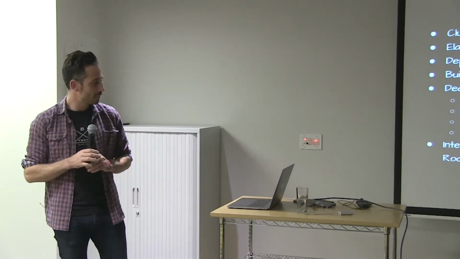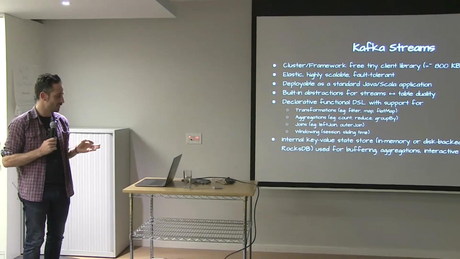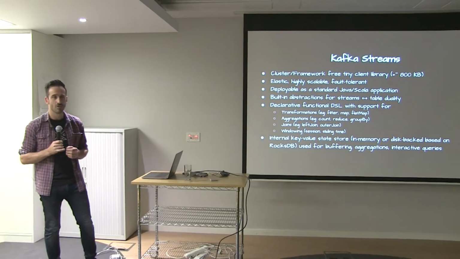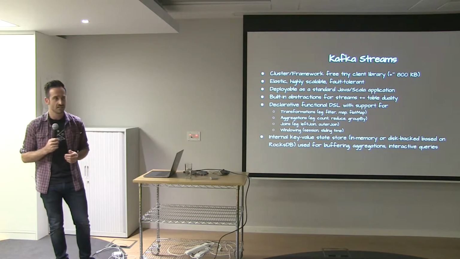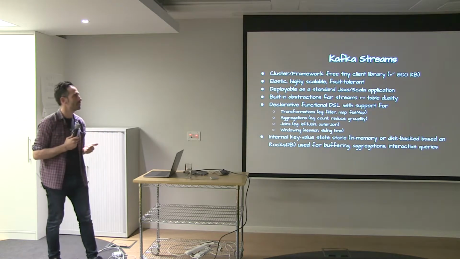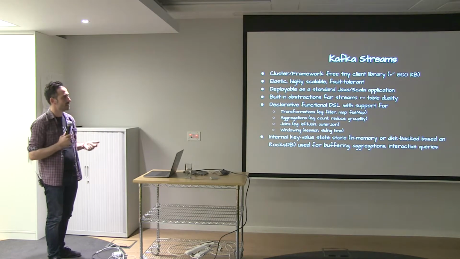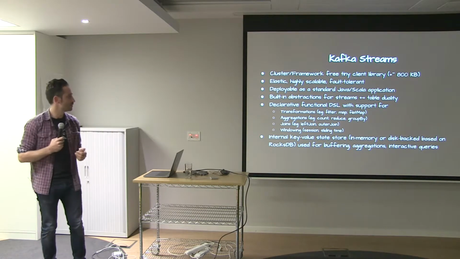So, Kafka Streams. Kafka Streams is a really tiny library. The nice feature is that it's just a Java Scala dependency, so you just put it in your Maven, SBT, or Gradle. You don't have to set up a cluster because all the elasticity, scalability, and fault tolerance is handled in Kafka itself.